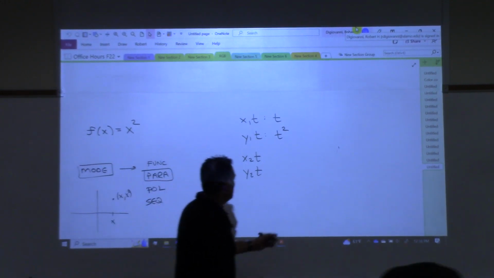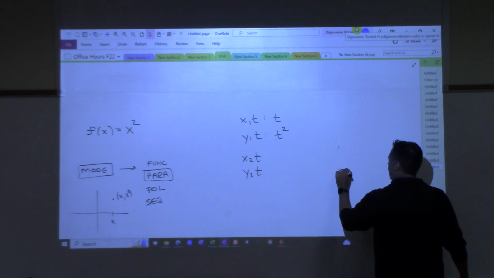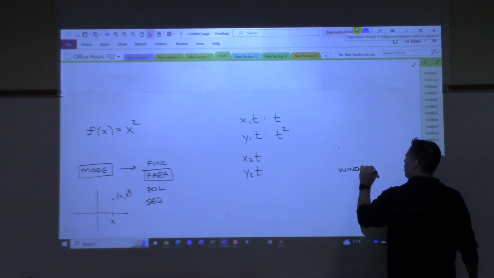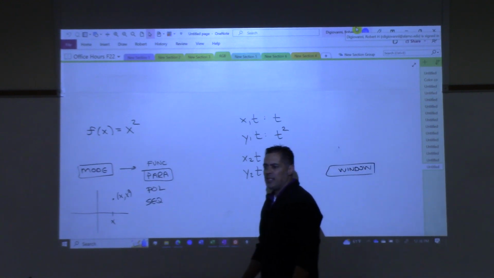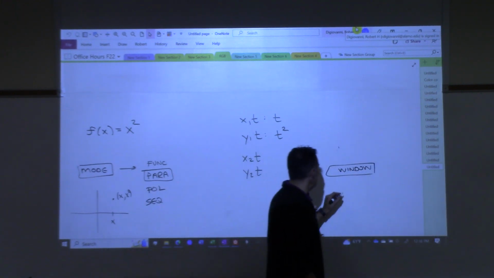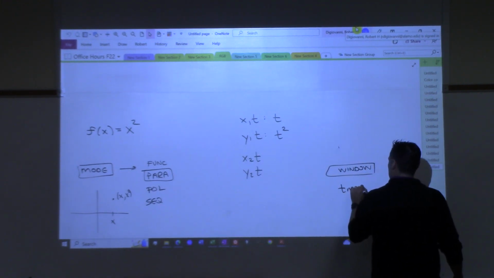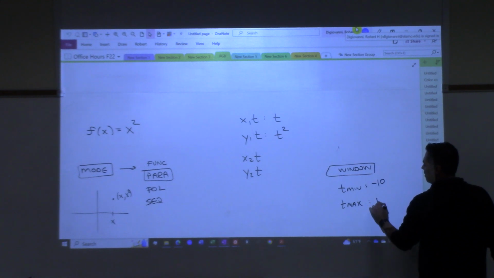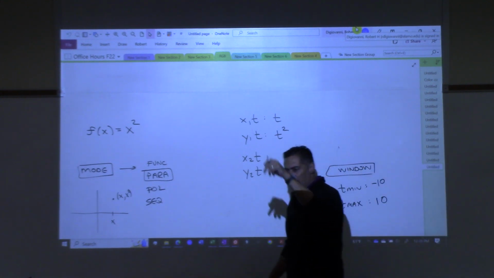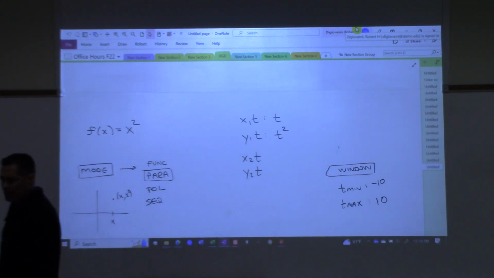So you should have the option to change what's called your window. There should be a t min, t max. Change your t min to -10 and change your t max to 10. And then graph it again, and you'll get the whole parabola.